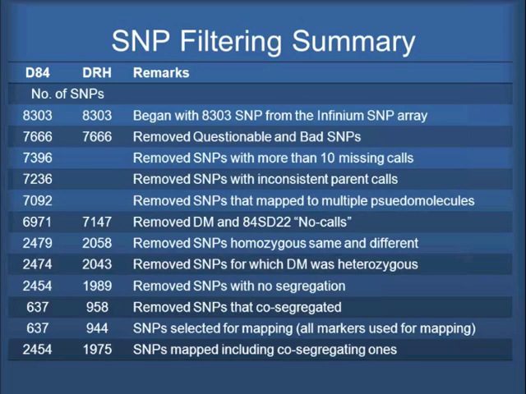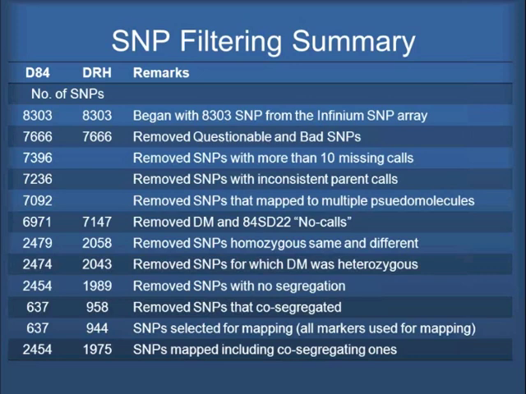And then remove the... So now you can see here's the numbers. In DM by 84SD22 we had almost 2,500 segregating SNPs in that diploid cross. And in DM by RH, we had almost 2,000. So that's a good number of markers to work with in those populations.